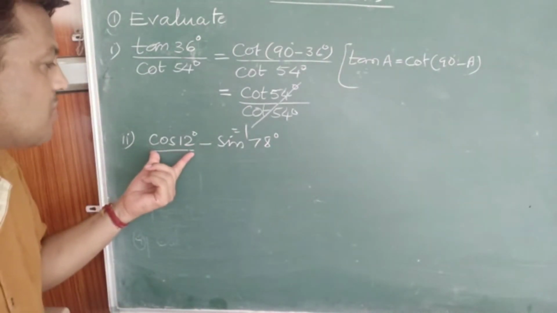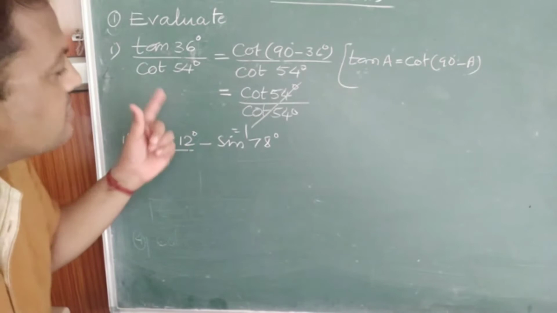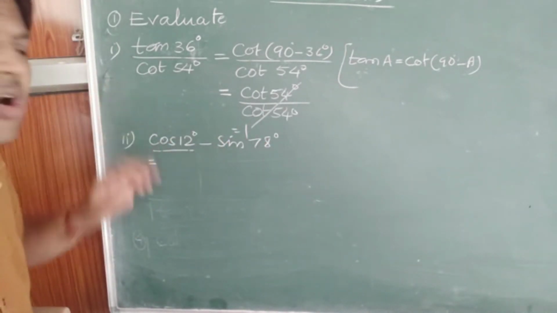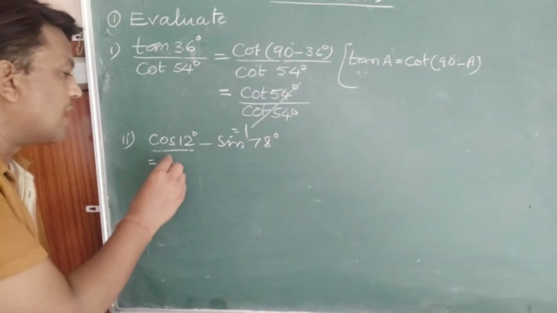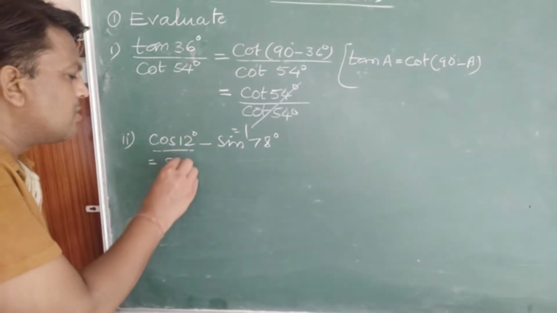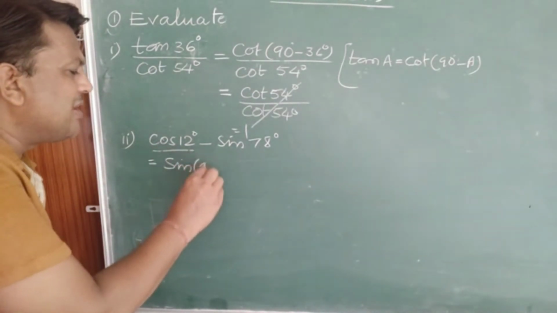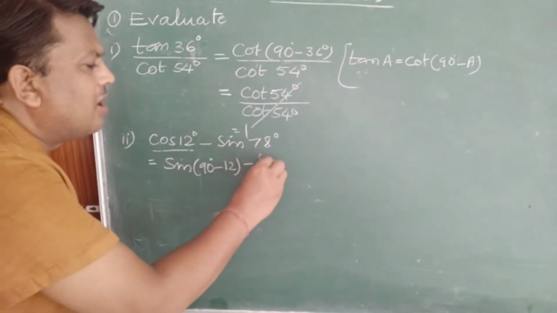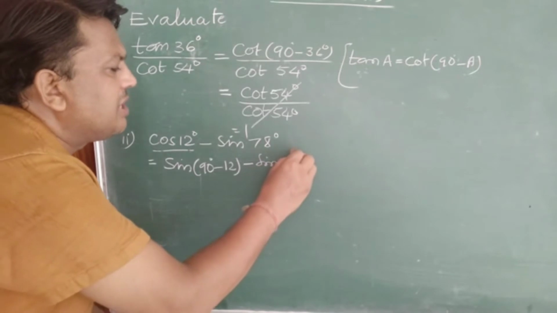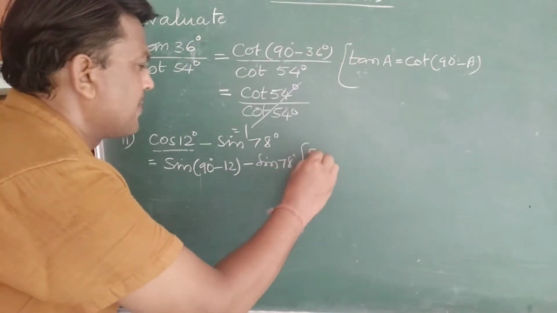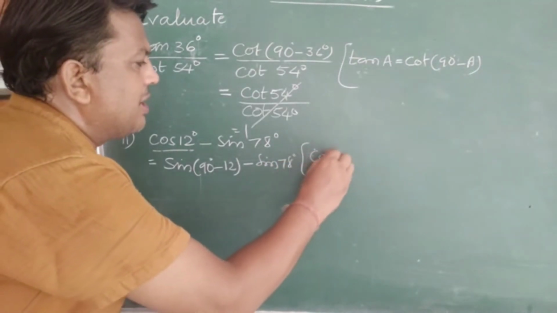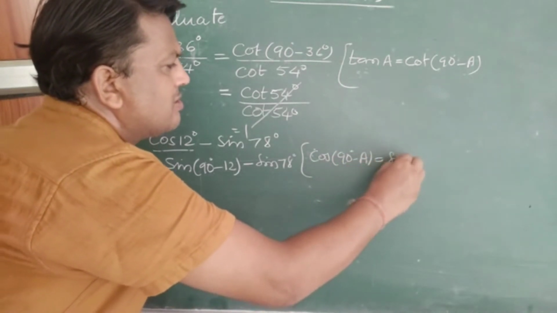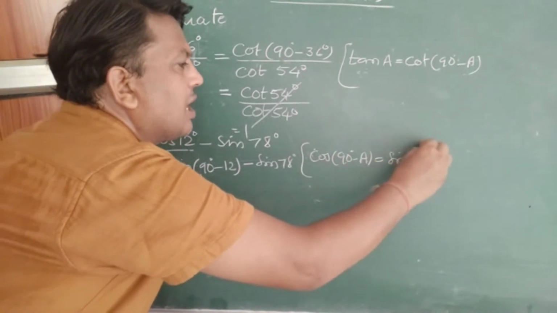If you are taking this one, it will be converted in the form of sin 78. If you are taking that one, it will be converted in the form of cos 12. I am converting this one. So cos A is equal to sin 90 minus A, in the place of A, 12. Already here is sin 78 degree. Cos of 90 degree minus A is equal to sin A. I have already proved it also.